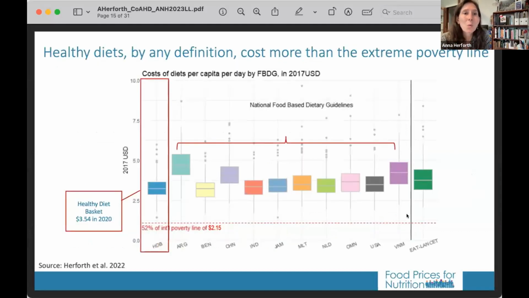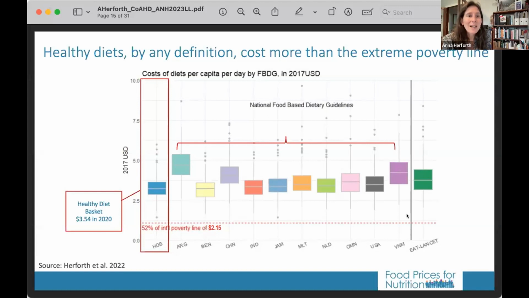And so this is an amount which is quite far above the poverty line, the international extreme poverty line of $2.15.